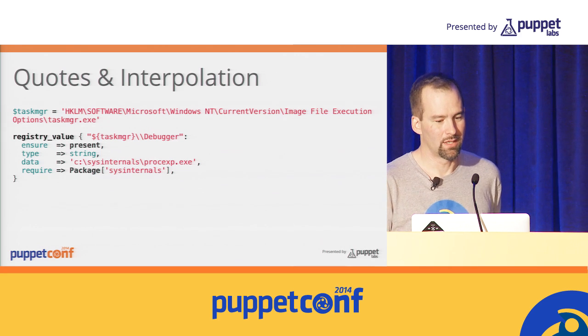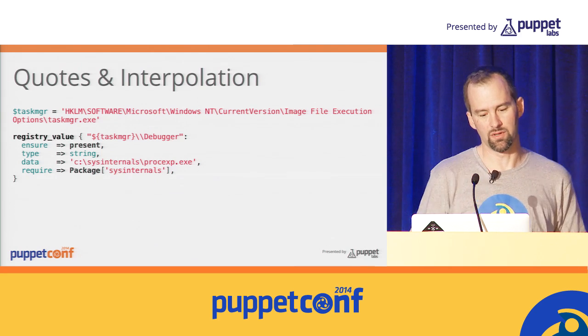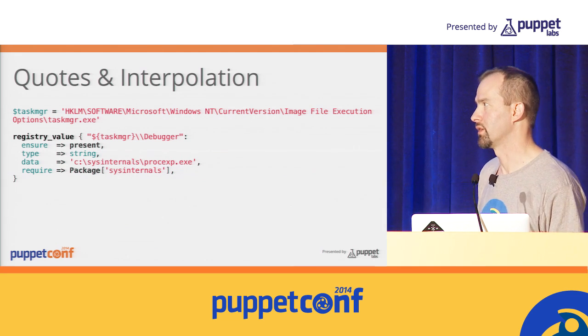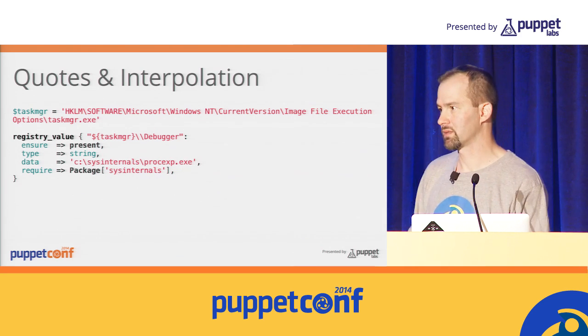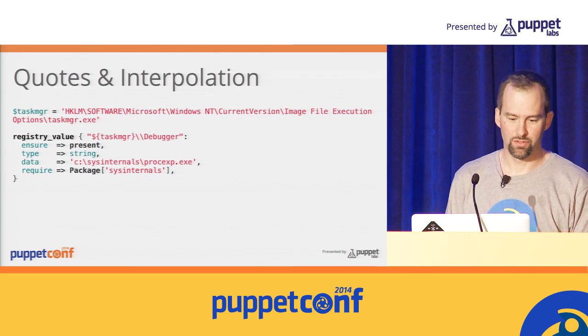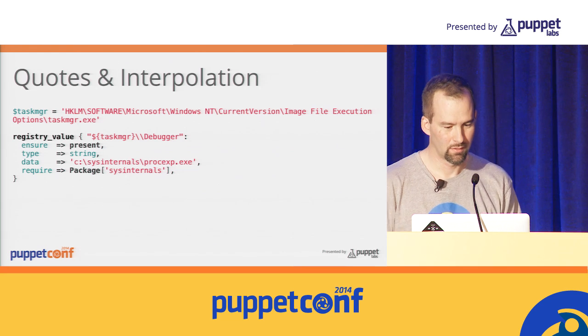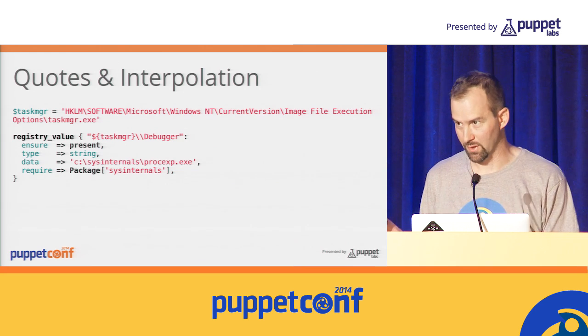And in that case, you are required to use double quoted strings. And that's what the title of the registry value resource is, task manager, double backslash, debugger. So as soon as you double quote a string, you have to escape backslashes. Hopefully that makes sense.